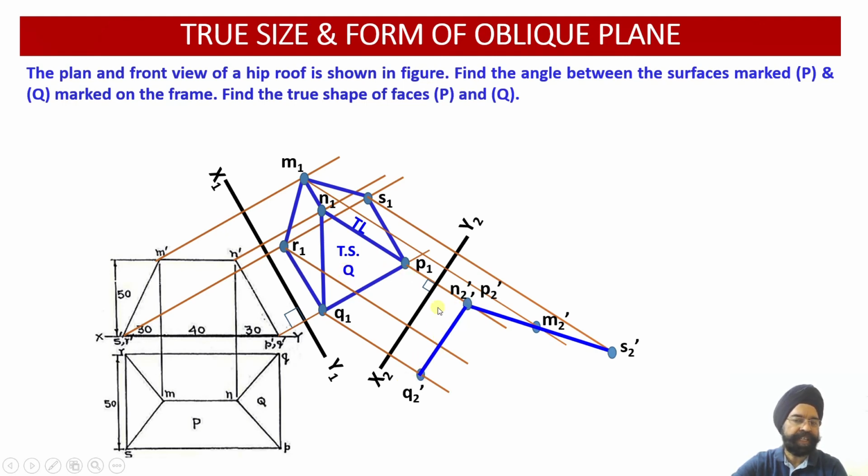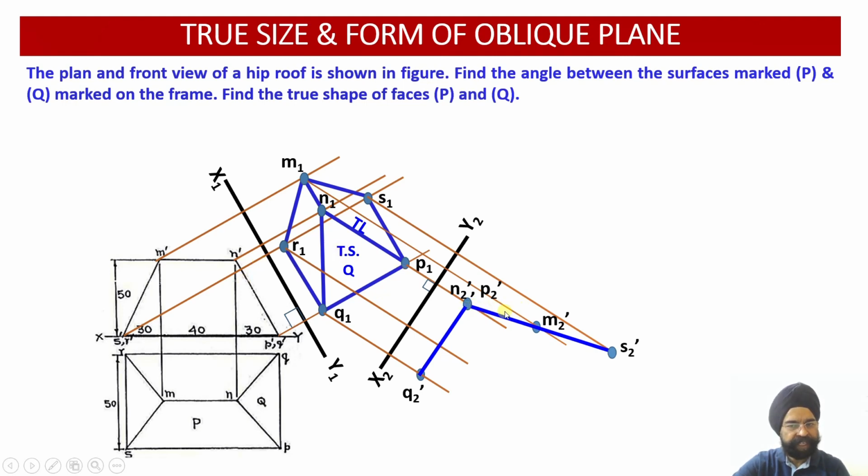And once again you can see, because this is the edge view which is parallel to this plane, the view obtained over here is true length. Similarly, this edge is parallel to x1 y1, so the view of N dash, P dash, Q dash obtained on the auxiliary plan, that is N1, P1, Q1, will be the true length. So this is true length from either side.